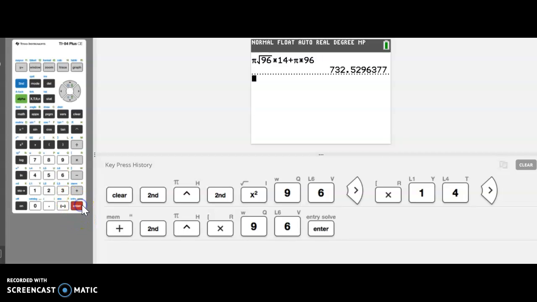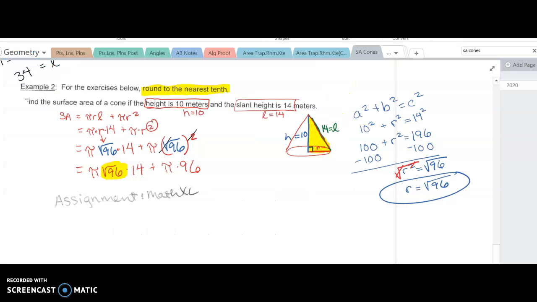And to the nearest tenth, let's take a look. 732.52. Remember, we'll go to the tenths place, which is the 5. The 2 next door is less than 5, so it'll be 732.5 for our final answer. And that will be meters squared.